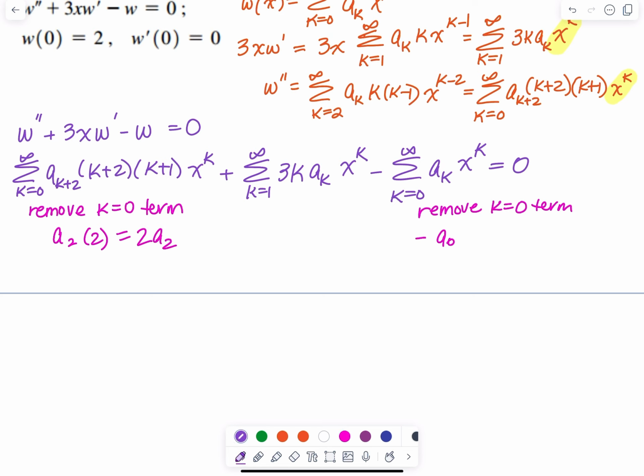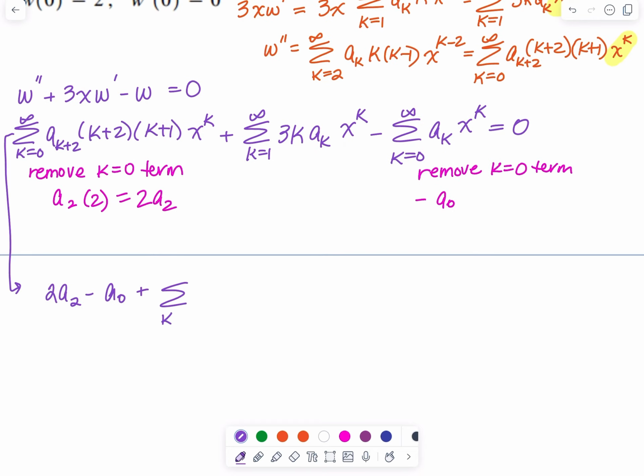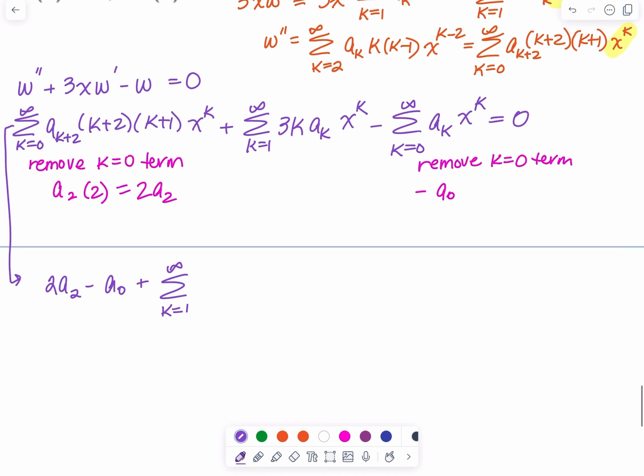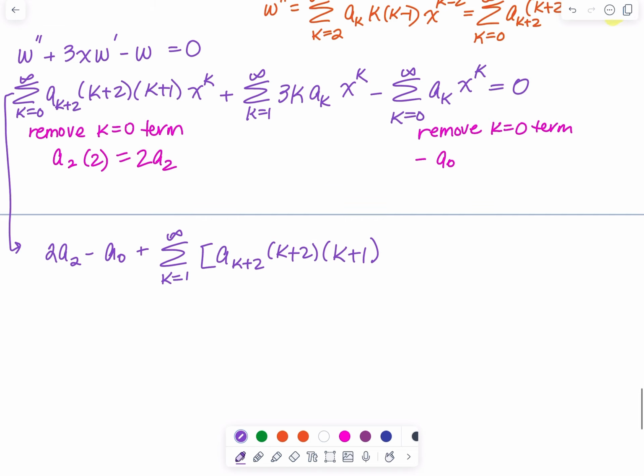So let's continue on. Let's put those terms first. We have 2a sub 2 minus a naught plus, now we have the sum from k equal 1 to infinity of a sub k plus 2 multiplied by k plus 2, k plus 1, multiplied by x to the k.